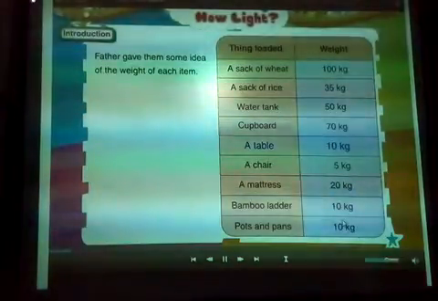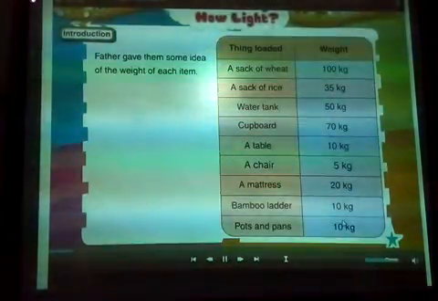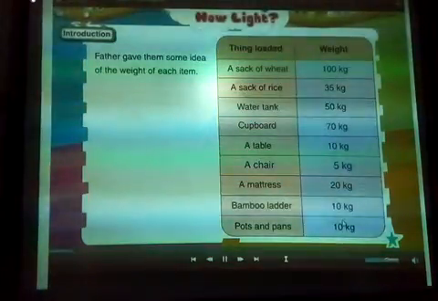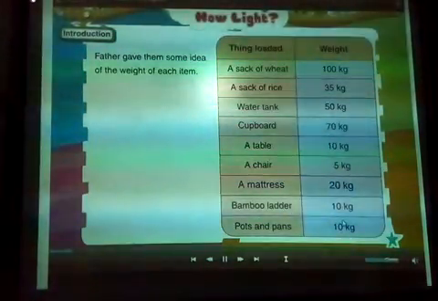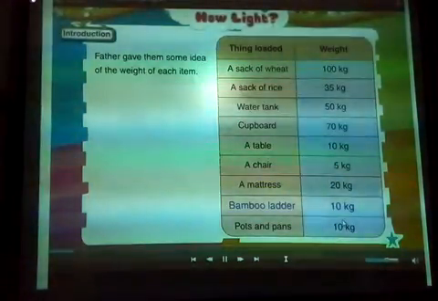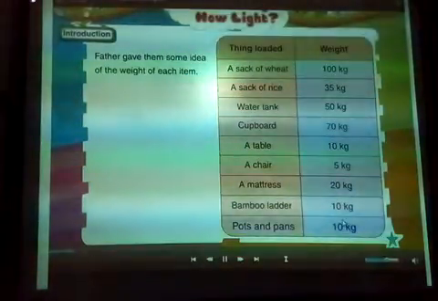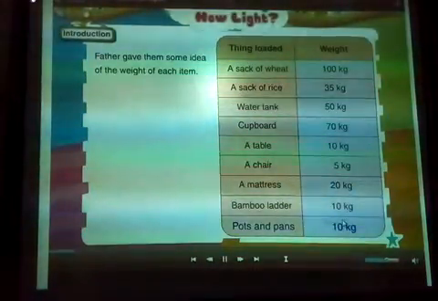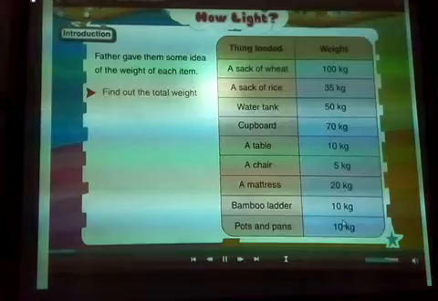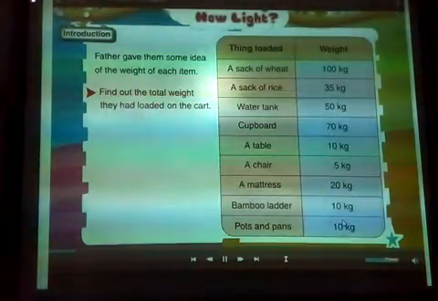The weight of 1 table is 10 kg. 1 chair weighs 5 kg. The weight of 1 mattress is 20 kg. The bamboo ladder weighs 10 kg. And the weight of the pots and pans is 10 kg. Find out the total weight they had loaded on the cart.